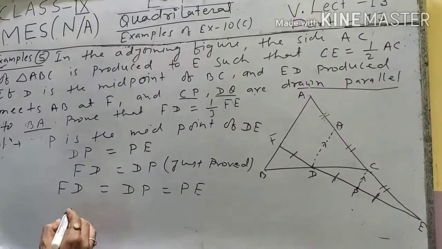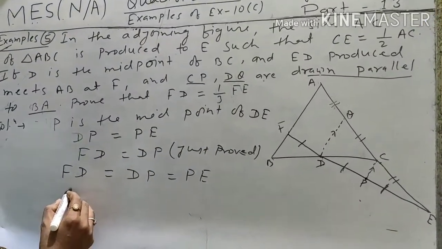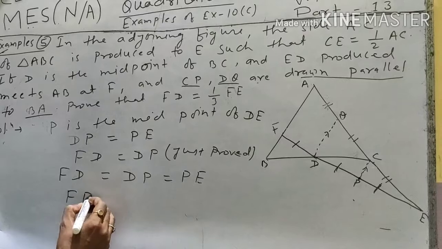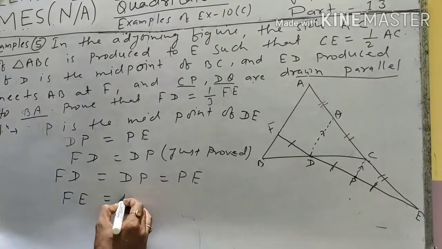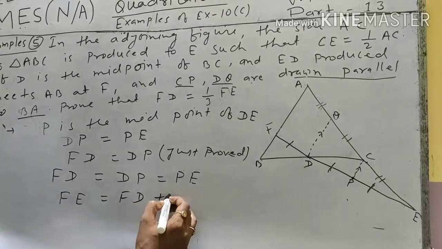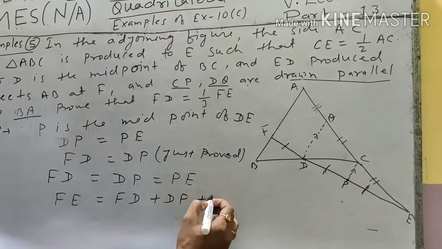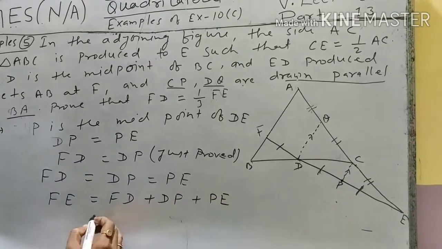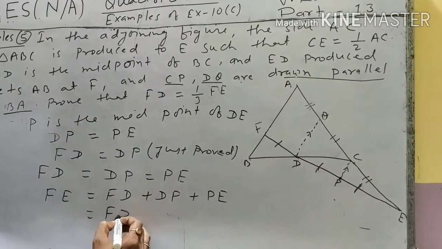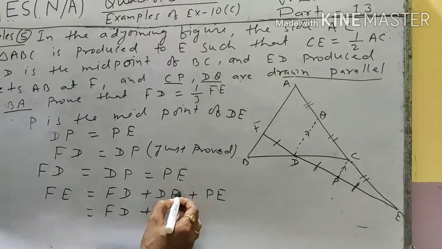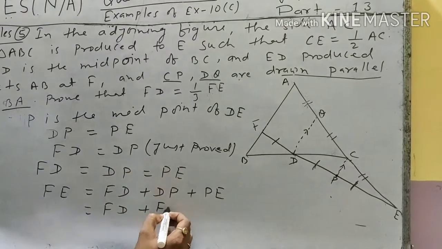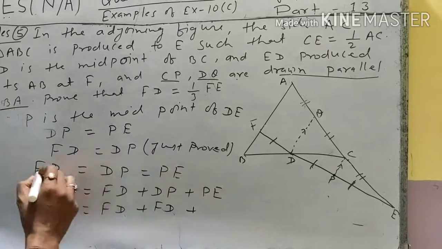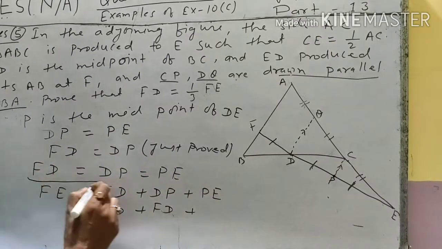So here student, FE is equal to FD plus DP plus PE. FD plus DP can be written as FD, plus PE can also be written as FD, because the three relations are given here.